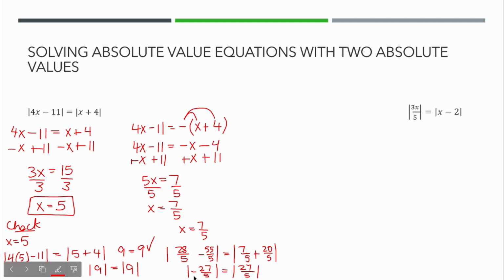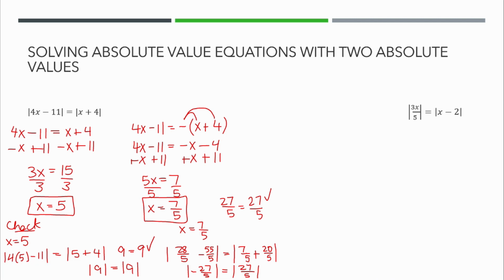The absolute value of negative 27 over 5 is equal to 27 over 5, and so is the absolute value of 27 over 5. So 27 over 5 is equal to 27 over 5, and we are done with that. So x is equal to 7/5 is another answer.